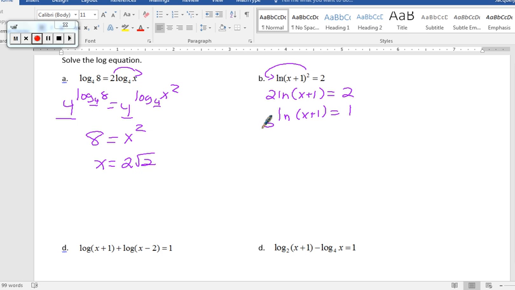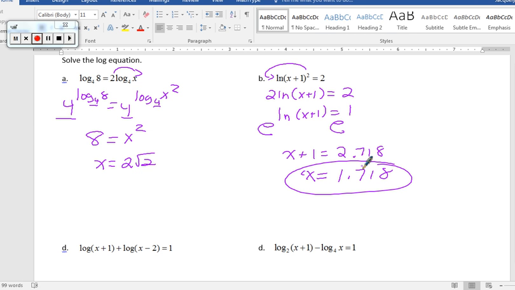Let's put them again up into exponents. I'm going to use base e, because remember natural log is really base e, leaving us with x plus 1 is equal to about 2.718, and that's what e's equivalent is. Subtract the 1 over, we get x is equal to 1.718.